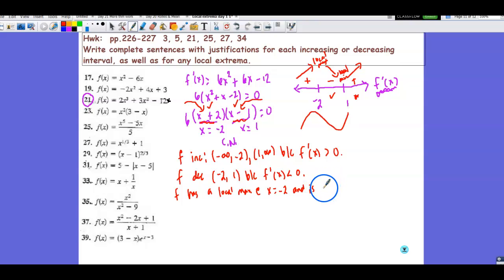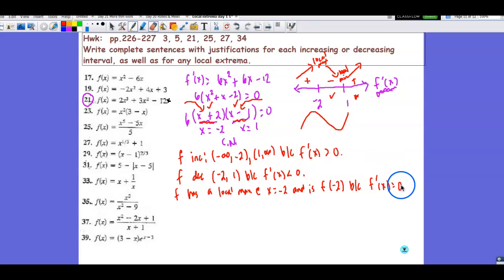Now watch carefully, the local maximum value is the function value, so it's f original of -2. And now I've got to justify why. Because f prime of x equal 0. Actually, let me erase that. I'm going to be more precise.